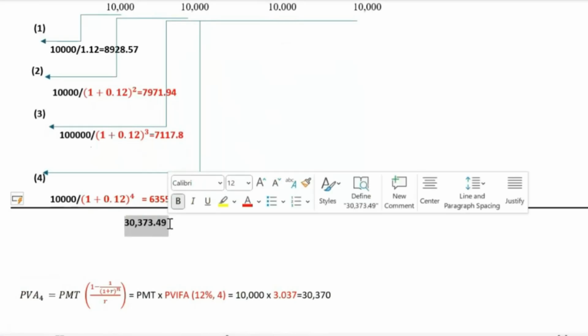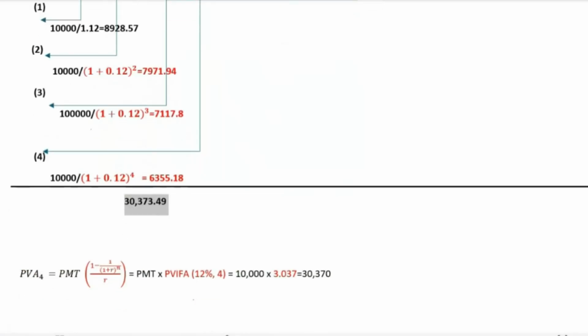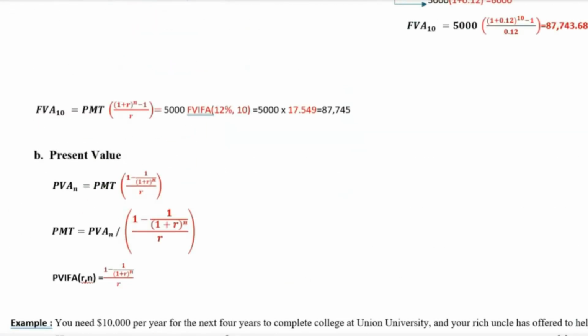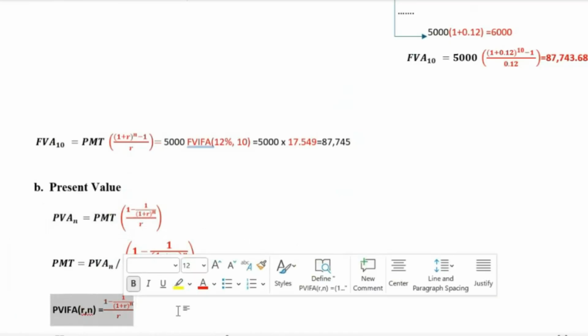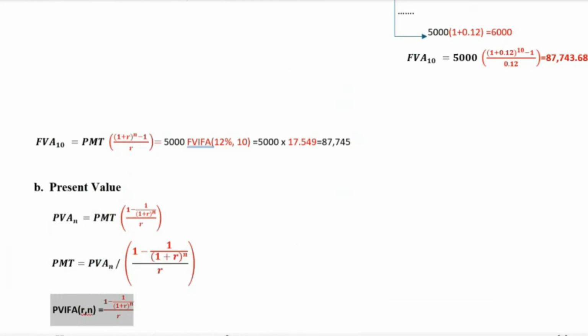If it's slightly different, it is because of rounding error. The general present value annuity formula is similar to what we said earlier. This expression is referred to as the present value interest factor annuity. This tells us the present value of a $1 annuity.